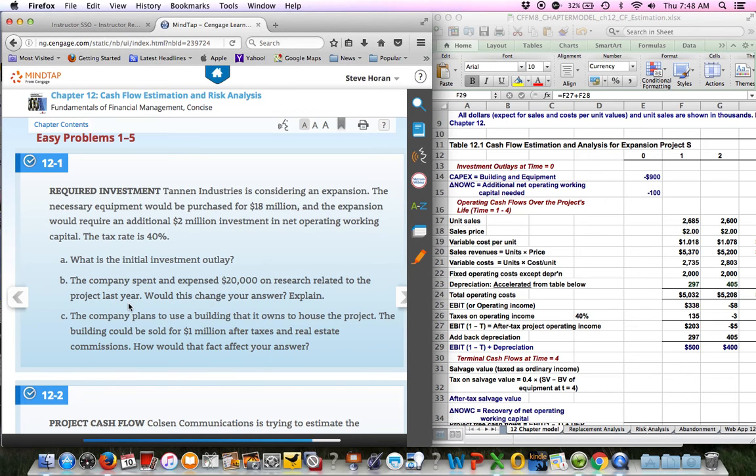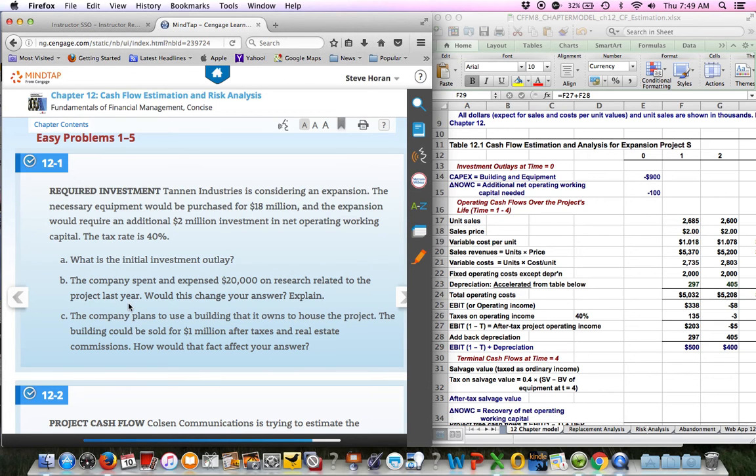So we've got two choices. Because that is a potential sale, it represents an alternative that's more future based, so we do need to charge that to the project.